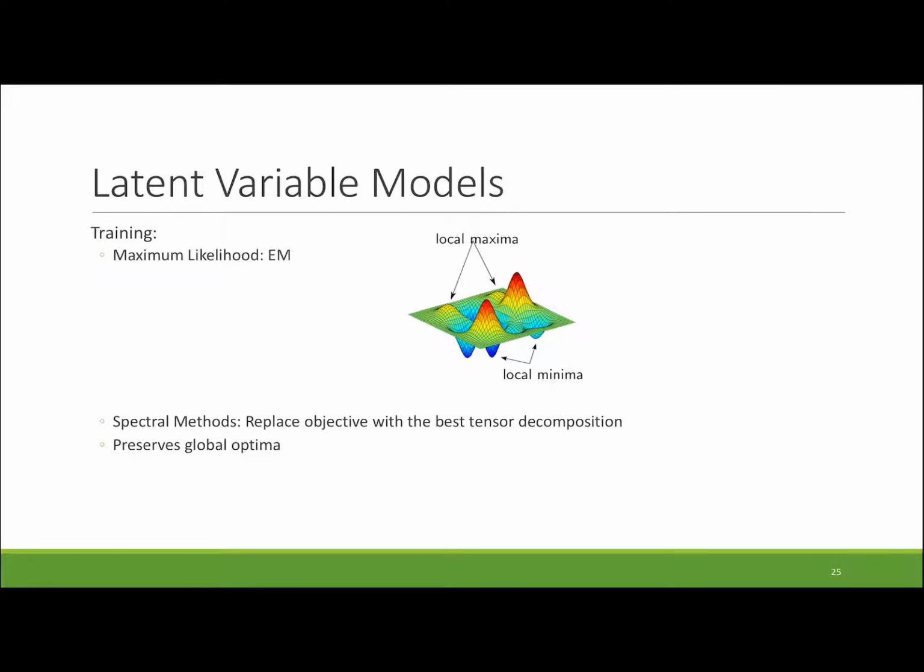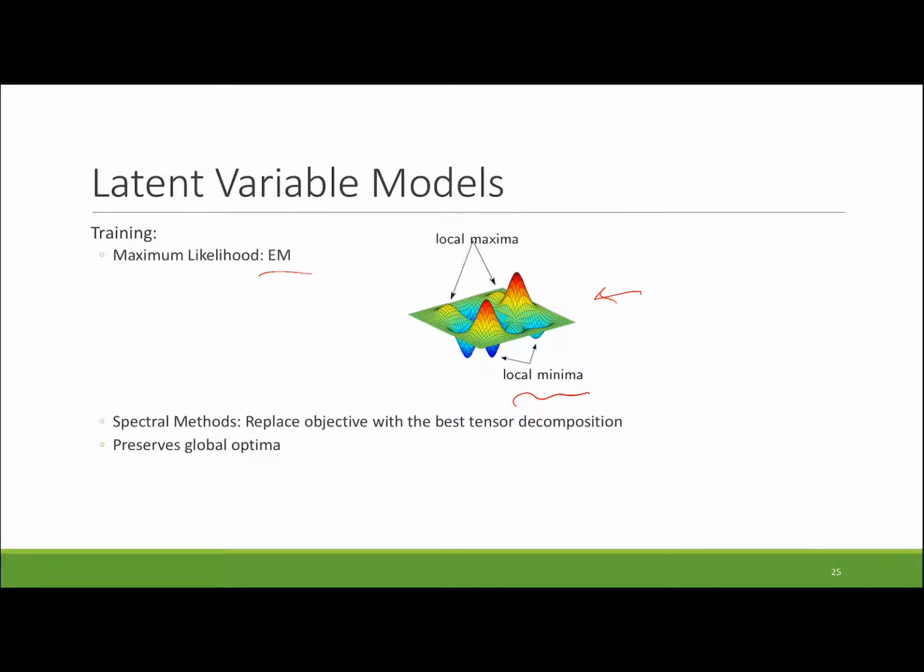So let's go back and conclude. We start by saying that spectral methods are alternative methods to maximum likelihood for training latent variable models. We know that EM has this non-convex optimization surface, and it has the danger of getting stuck in local optima.